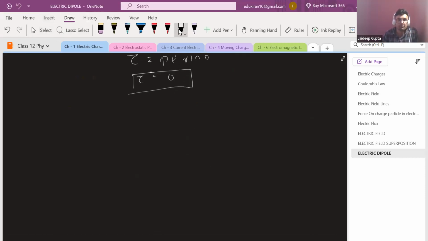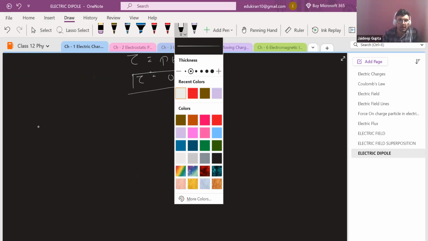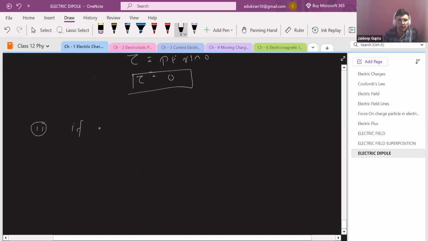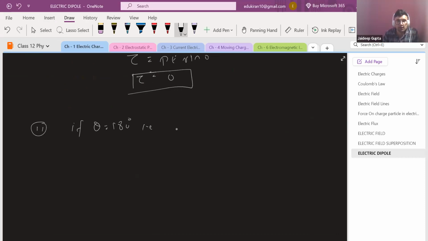Okay, Iram. Second, if theta is 180 degrees, that is when the dipole is anti-parallel to the electric field, torque equals pE sine 180, and sine 180 is 0. So torque is 0 again.